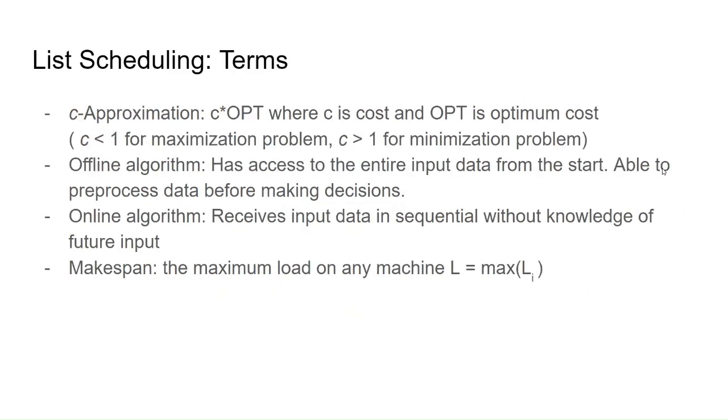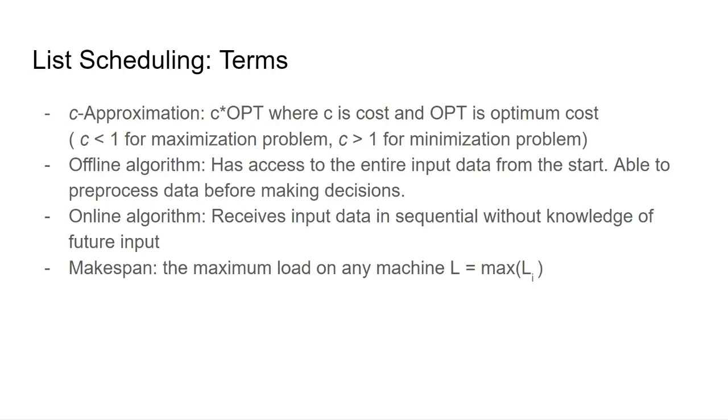Before getting into the proofs of list scheduling, here are some common terms that are going to be used throughout the rest of the presentation. A C-approximation is C times the opt, where C is the cost and opt is the optimum cost, where C less than 1 is a maximization problem, and when C is greater than 1, that is a minimization problem.